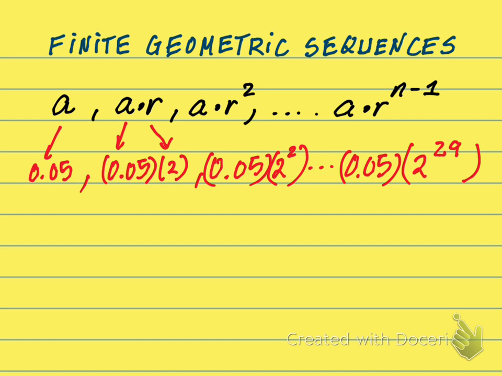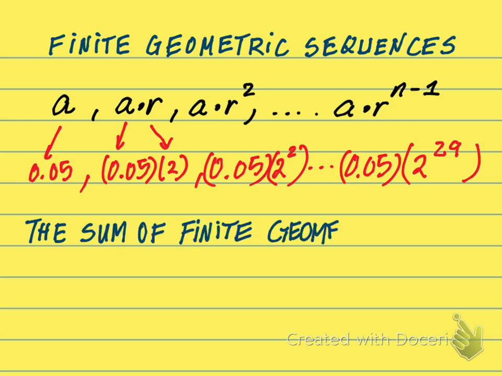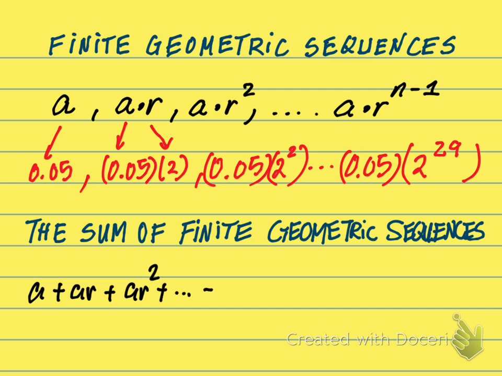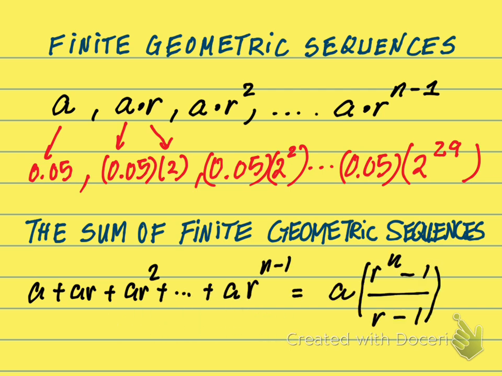A good thing about finite geometric sequences is we can find the sum of all the terms in the sequence using a closed formula. So if you add all the terms of the sequence together, the sum of all the terms will be equal to a, the initial term, multiplied by a fraction, r to the n minus 1 divided by r minus 1, where r is the common ratio and n is the number of terms in the sequence.